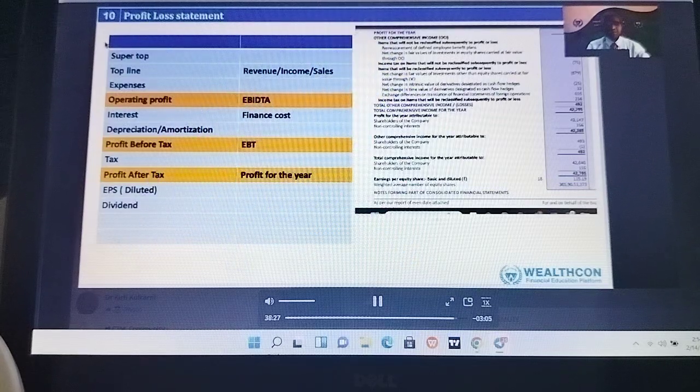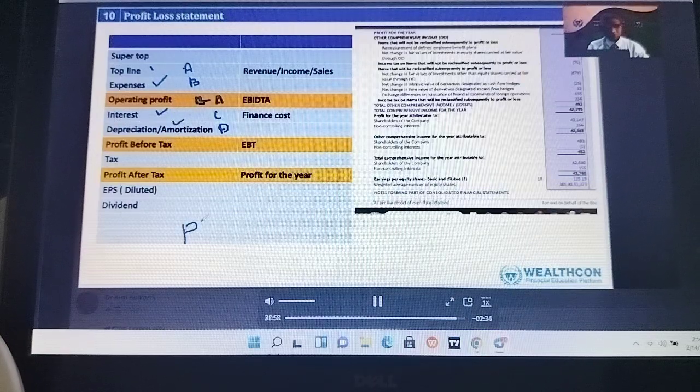Suppose, write down, the top line is A, this is B, then here it will be B minus A. Again from here it will be C minus, and whatever remains is the D value, and then profit before tax. For profit before tax, expense will be minus, interest will be minus, depreciation, and then profit before tax.